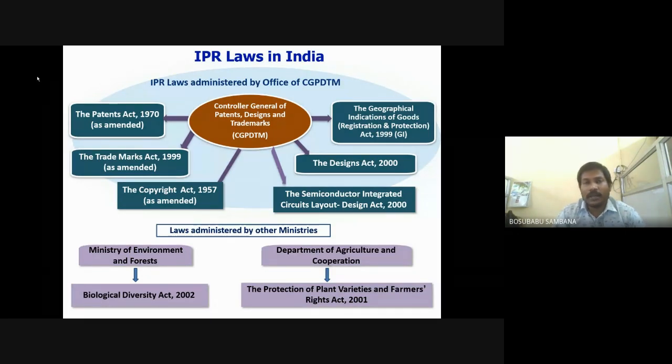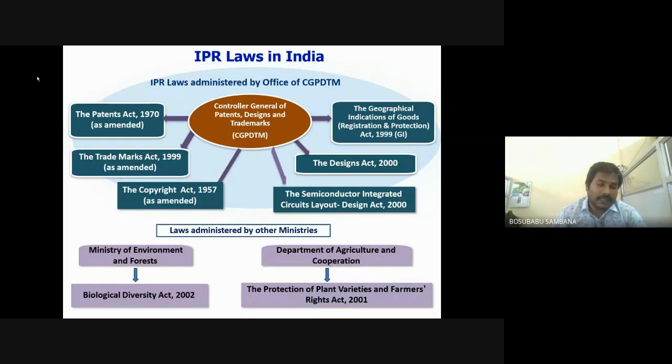Another one, if you have any patents related to plant varieties, the filing is maintained by the Department of Agriculture and Cooperation, under the Protection of Plant Varieties and Farmers' Rights Act in 2001.